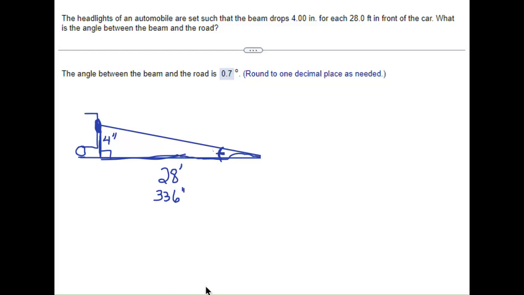So we're going to say that's the tangent of theta is equal to 4 divided by 336.